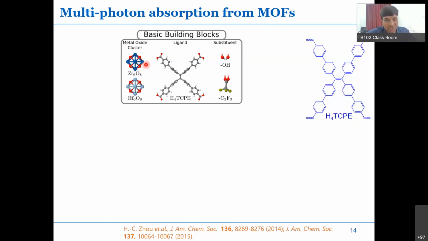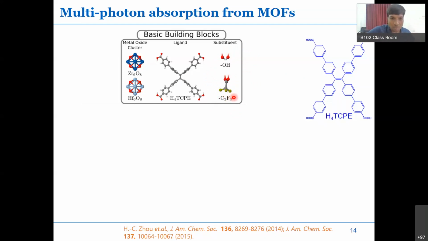By using experimental conditions, you can do it, and we did that. Along with that, we also use different substituents such as hydroxides and trifluoroacetates. Why trifluoroacetate? Trifluoroacetates are strong electron withdrawing groups, so the charge polarization in the framework can be enhanced if you incorporate trifluoroacetates.